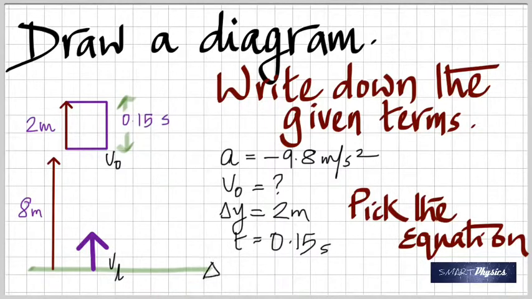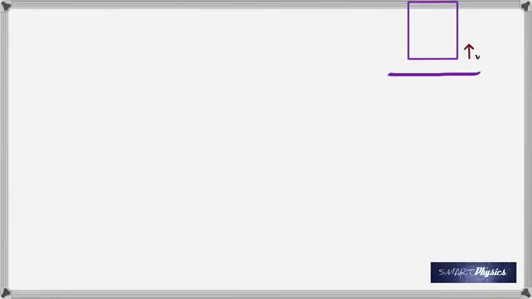And the obvious answer is, when you look at the formula chart or formula sheet, you're going to find this equation has all these terms, including the unknown, remember. Because you got delta y there, you have V naught, T, and A, and again T. Once you have the equation, you have the plan now that in this equation you know all the terms except V naught. So you're going to get V naught. Let me draw that again. That is the window part.